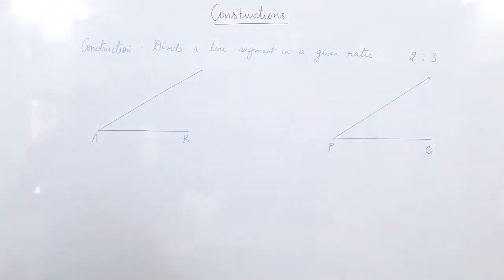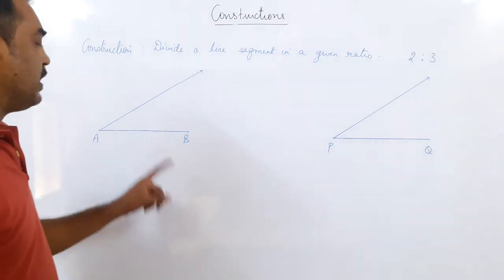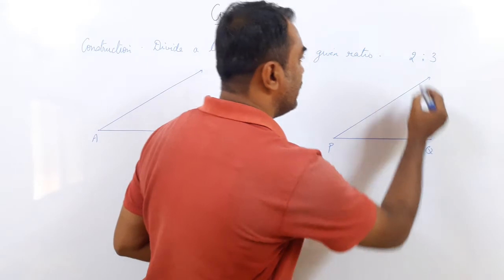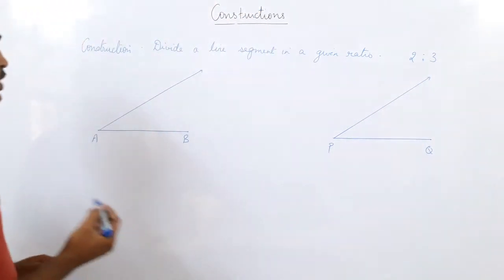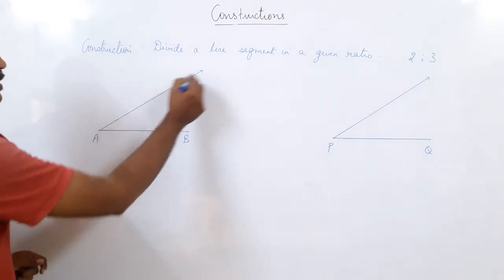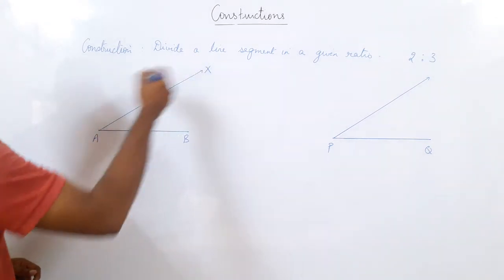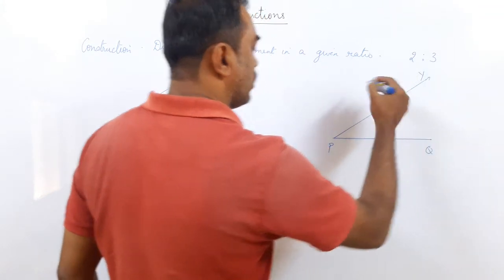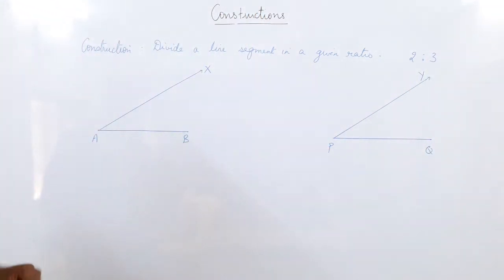We are given line segment AB or line segment PQ, and I want to divide it in the ratio 2:3. One direct method is, from one of the points, draw a ray, say AX, I call this ray PY, at any angle.